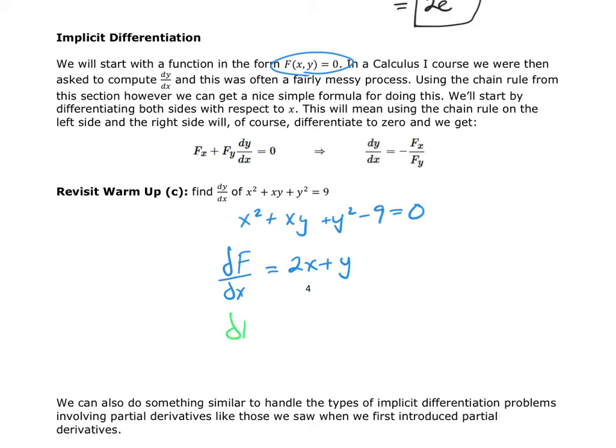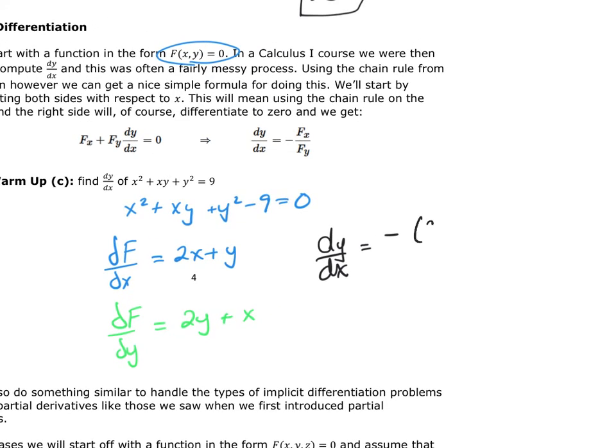My partial derivative with respect to y is just going to be 2y plus x. So this rule, dy dx, is going to be the negative of 2x plus y over 2y plus x.